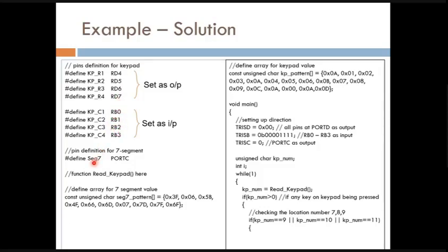And then after that, define seg7 located at port C. It means you are defining the whole port C as seg7, not individual pins. Then you define an array pattern here, which will display the 7 segment pattern from 0 up to 9.